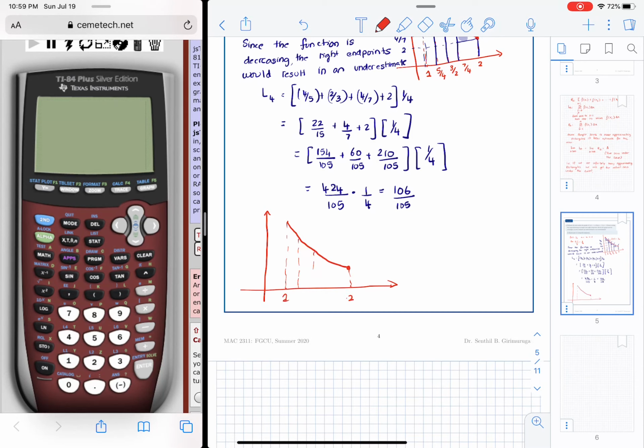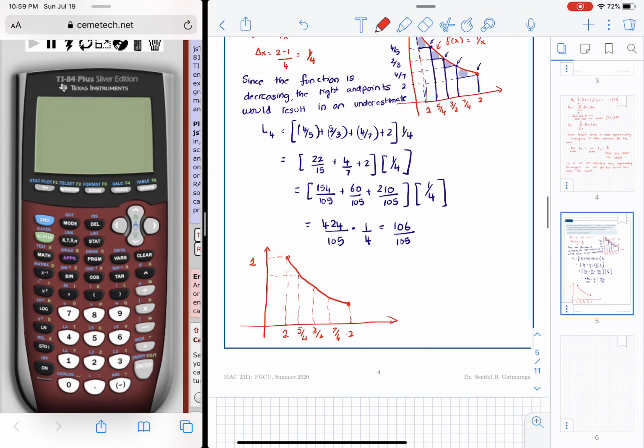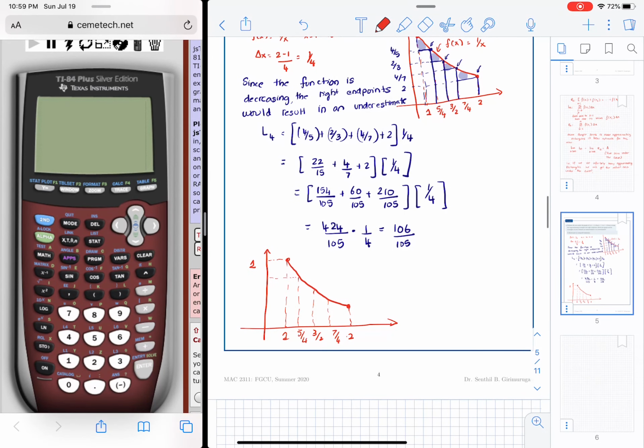We have our sample points, not endpoints. And this time, I have to evaluate that value is going to be 1. And that value is going to be 4 over 5. And that is going to be 2 over 3. That is going to be 4 over 7. And that is all. Now we have to construct the rectangles.